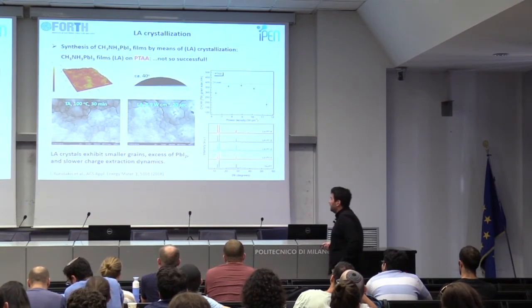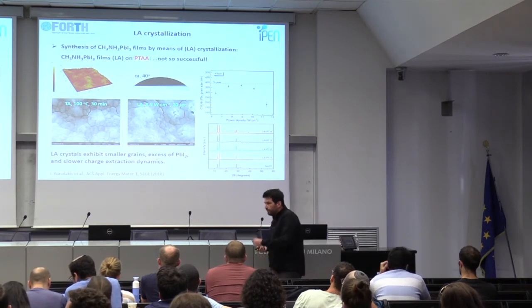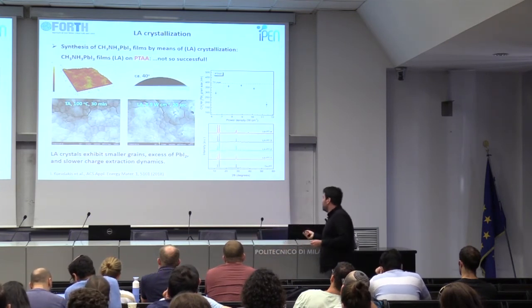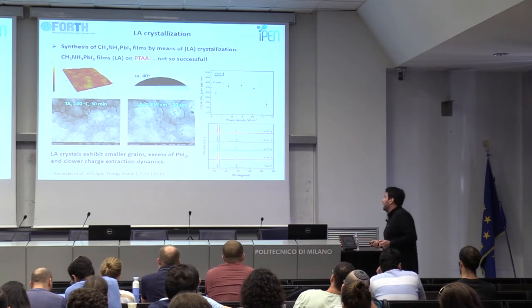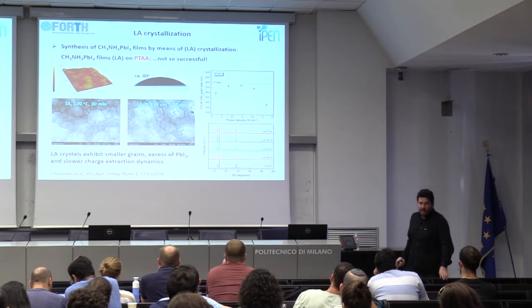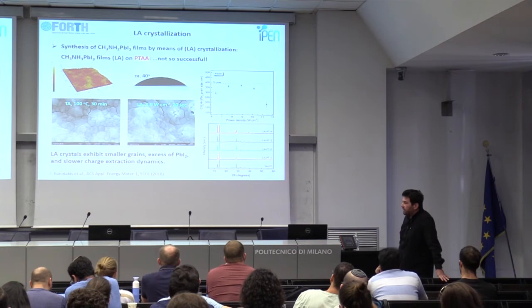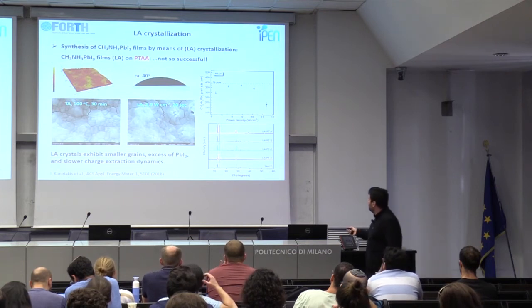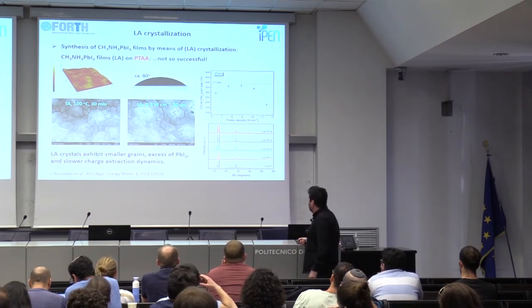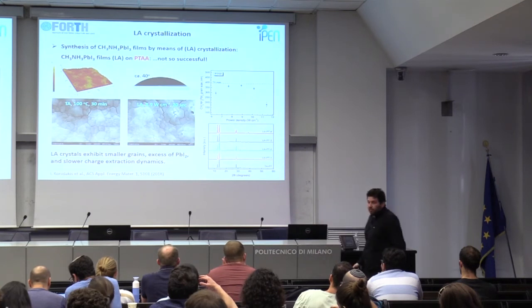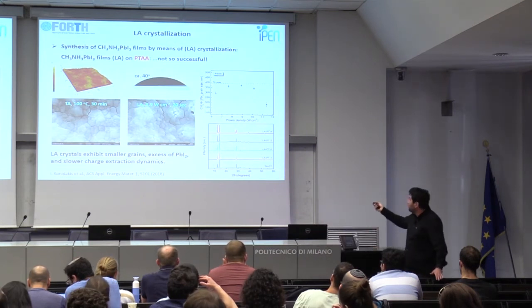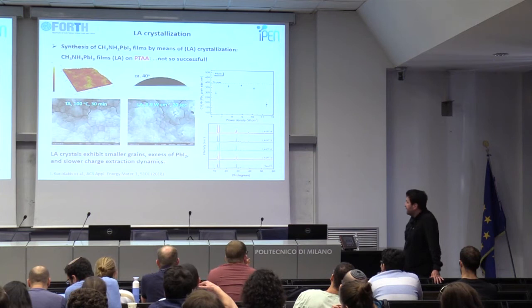Here is a scanning electron image of a perovskite film from the typical thermal annealing. Here is the best perovskite film that we could obtain upon adopting the laser-assisted crystallization protocol, and we see that the latter protocol doesn't seem so advantageous in terms of creating perovskite grains.